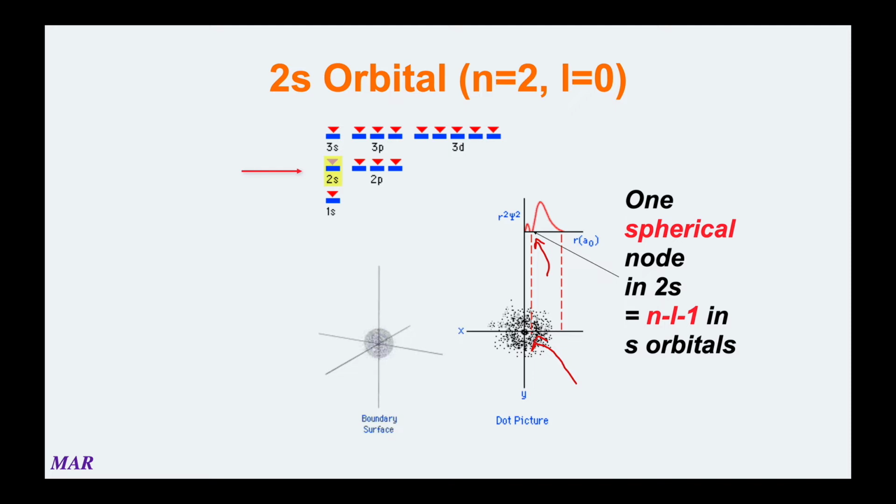It's like a sphere within a sphere, and on that sphere you have no electron density. So n minus l minus 1, n is 2, l is 0, so 2 minus 0 minus 1, one spherical node, and that's what you're seeing there in the middle or in the graph. So it's kind of interesting. So again, 2s is bigger than 1s, but it's basically a sphere, with one spherical node inside there.